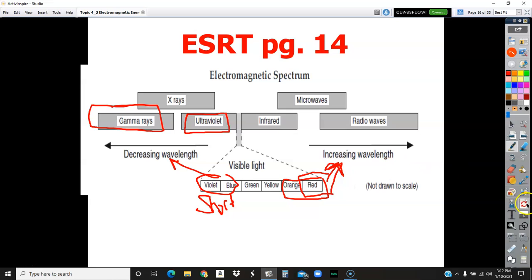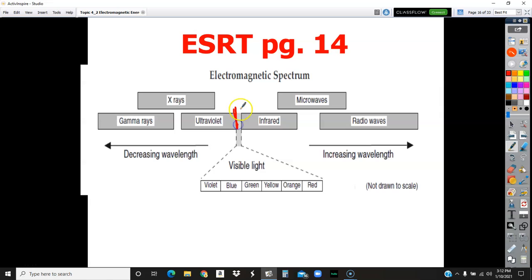Then, okay, clear this again. Visible light was here. Now you go to the other side of red, and you have infrared. And that's where you see colors of the rainbow. You had violet, and if I took violet, violet would be right here. And what's next to violet? Ultraviolet. Just like on the other side, the right side, you have red. Put the red right here. What's next to red?